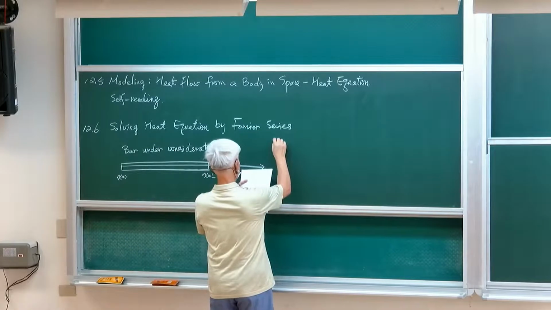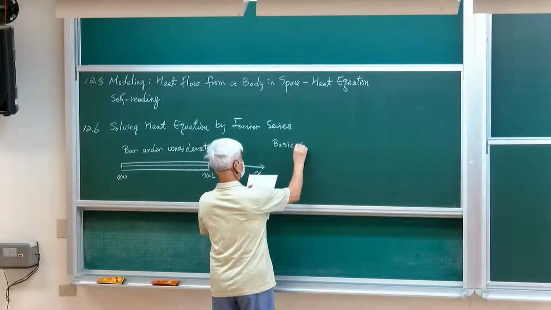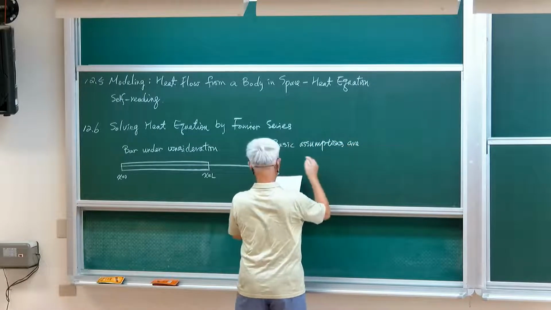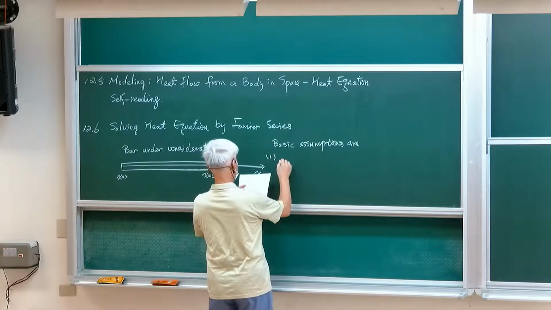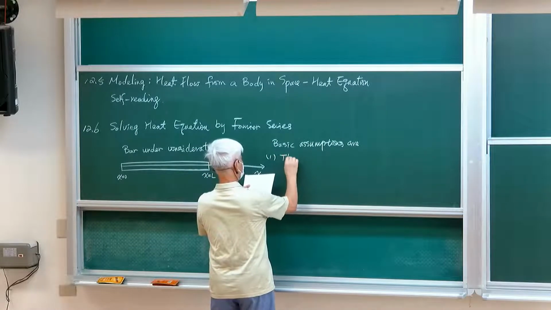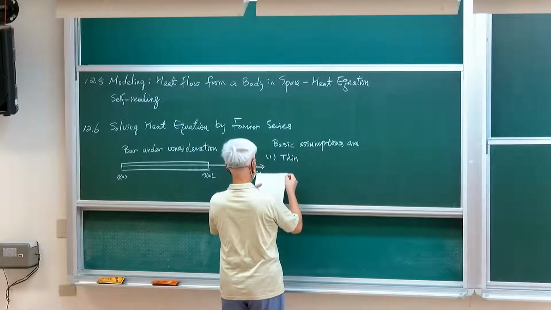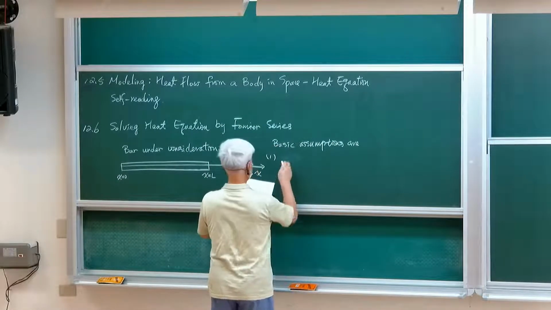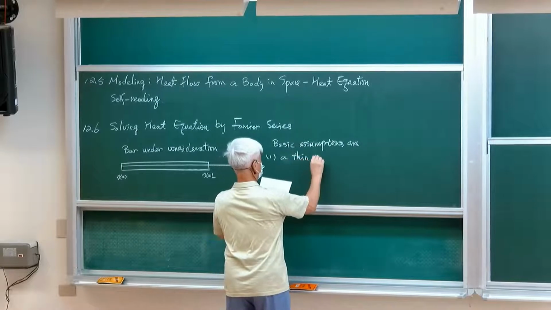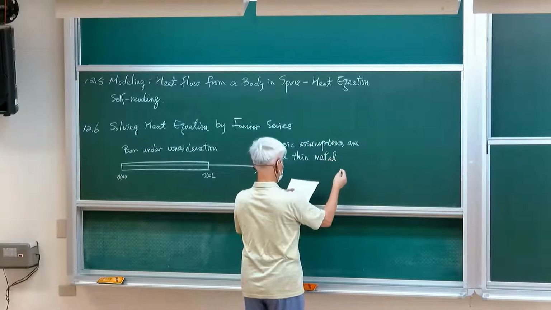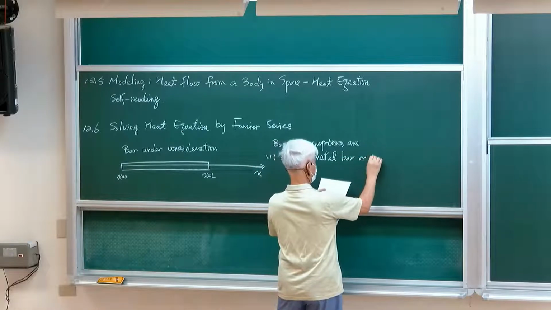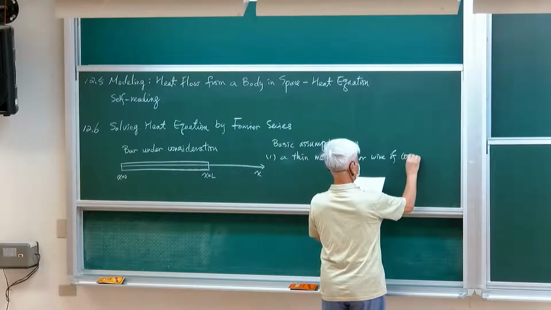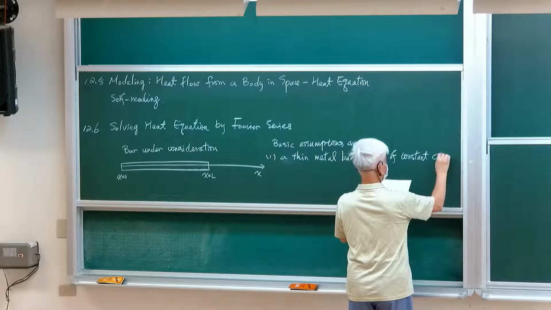All right. So the basic assumption, the first one, is that this bar is a thin metal bar or wire of constant cross section.